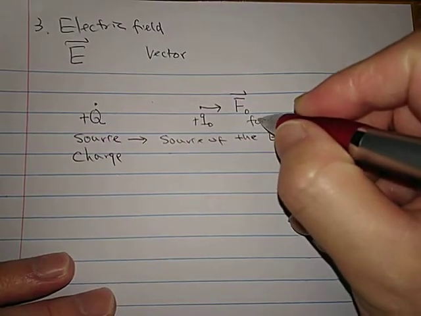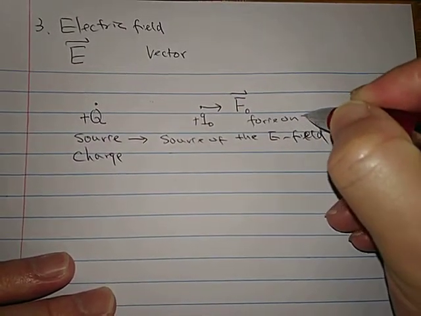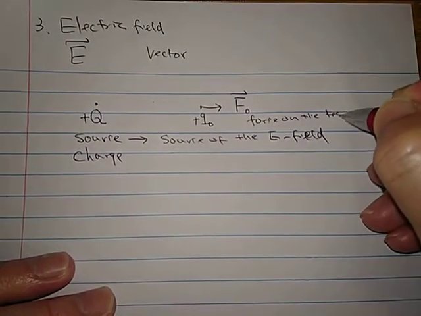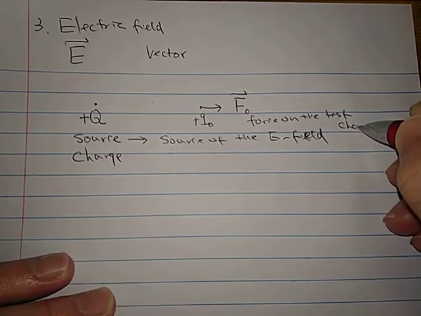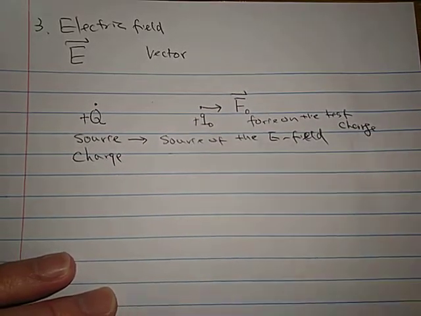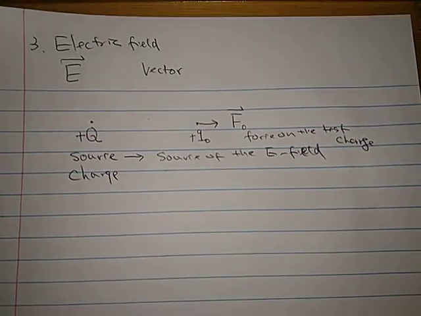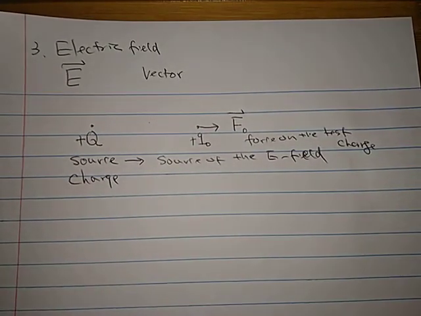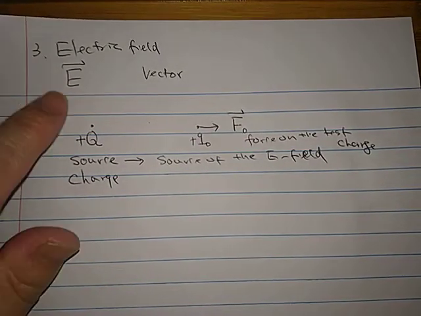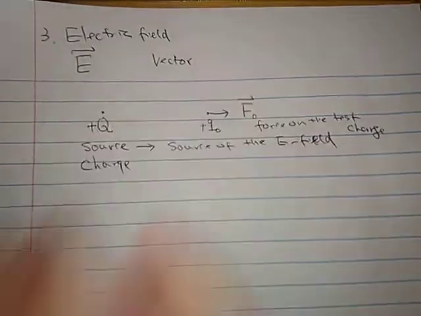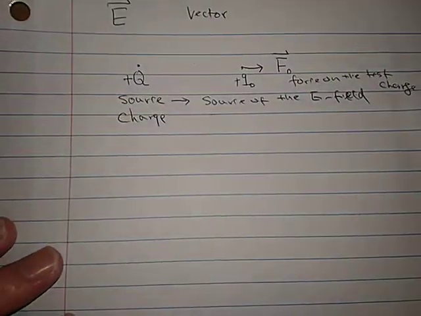Remember, this is the force on that test charge. Test charge, we use the letter Q0 to represent that. So that's our force, okay? Now, how do you define this E? Well, what you do is the following.